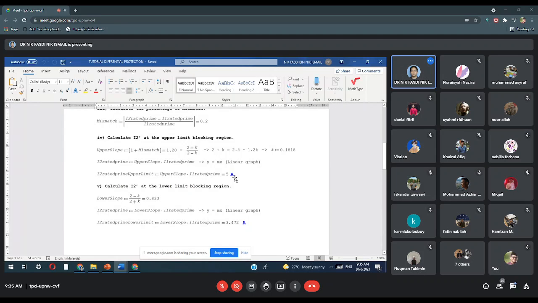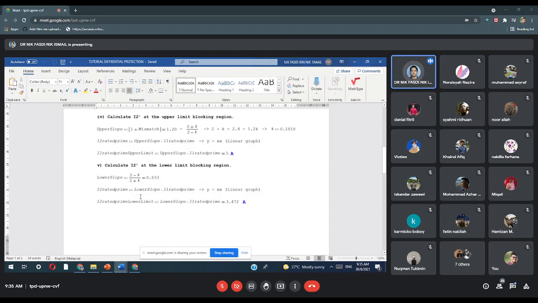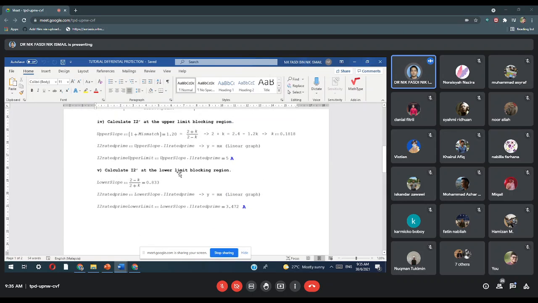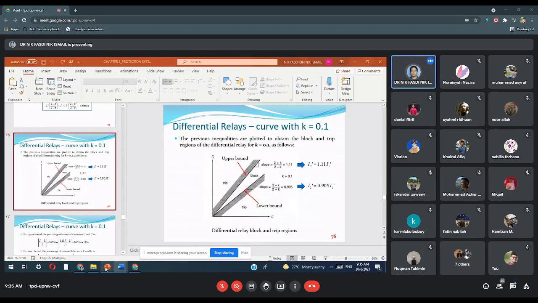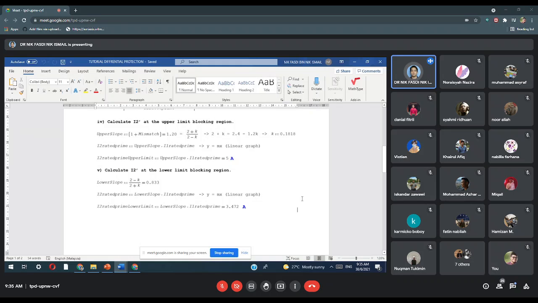Okay, right. So this is the upper limit blocking region, and then second one is lower limit blocking region. Okay, so lower slope. What is lower slope? This one, 2 minus k divide 2 plus k. K kita tahu nilai dia berapa tadi? K is this one.